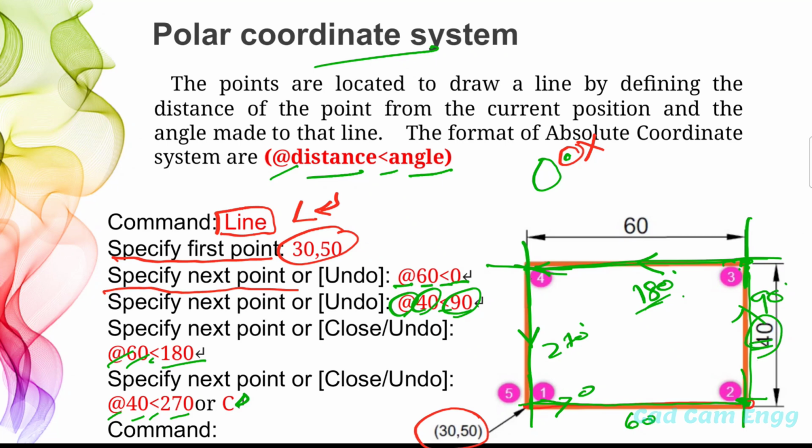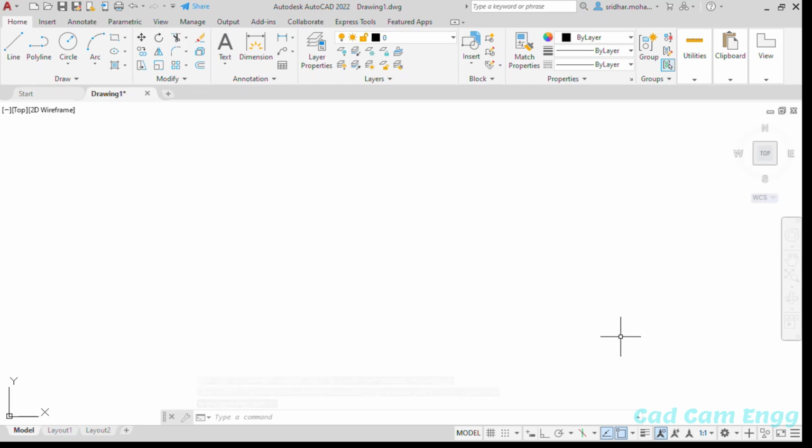Now we open the AutoCAD software and enter all the values, then check whether our method is correct or not. Now I open AutoCAD 2022. As per our discussion, I create the rectangle. The starting point is 30, 50, so I press L and enter. AutoCAD asks for the first point, I give 30, 50 and enter.